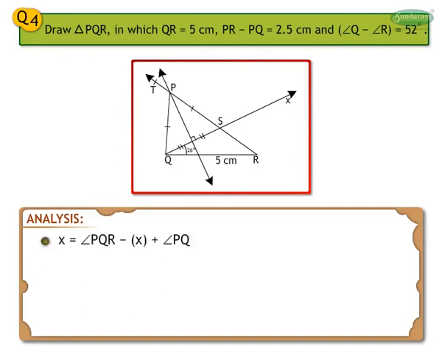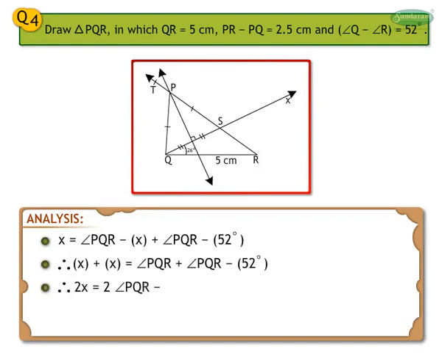X is equal to angle PQR minus X plus angle PQR minus 52 degrees. Therefore, X plus X is equal to angle PQR plus angle PQR minus 52 degrees. Therefore, 2X is equal to 2 angle PQR minus 52 degrees. Therefore, X is equal to angle PQR minus 26 degrees.